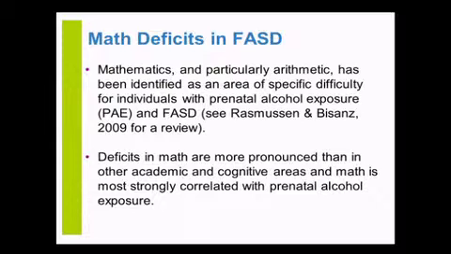Okay, and when we actually look at the longitudinal research conducted by Ann Streissguth, she's conducted a over 30-year longitudinal study of over 500 individuals with alcohol exposure in the Seattle area, and what she found over the years, they tested the children at various ages on many different cognitive variables, different areas of academic achievement, behavior, and what they found is math was one of the variables that was the most highly correlated with the amount of prenatal alcohol exposure.